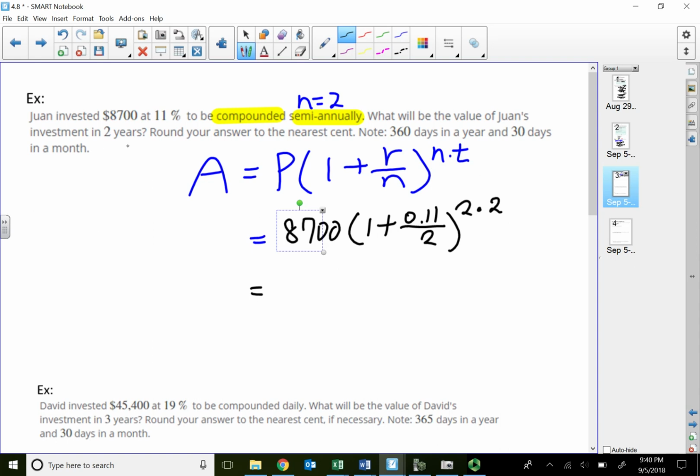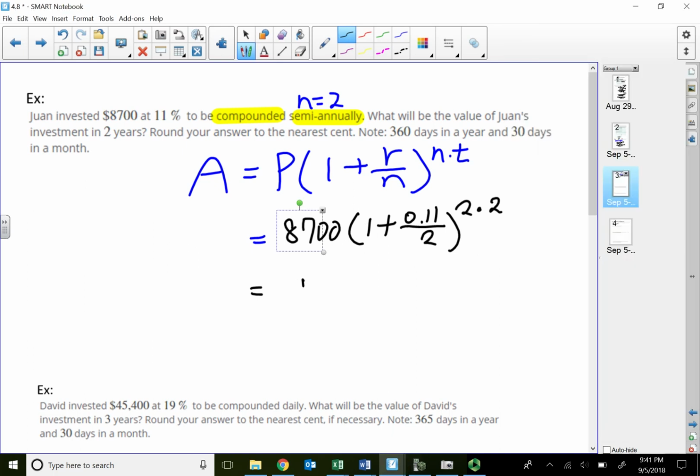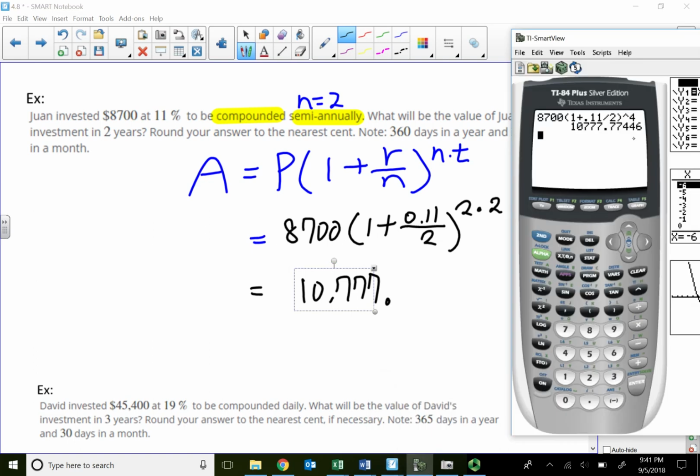Twice a year for 2 years, it rolls over 4 times. So this time I'm going to simply type in a 4 on my exponent. 1 plus 0.11 divided by 2, whole thing raised with the caret key to the 4 power. That will be $10,777.77.